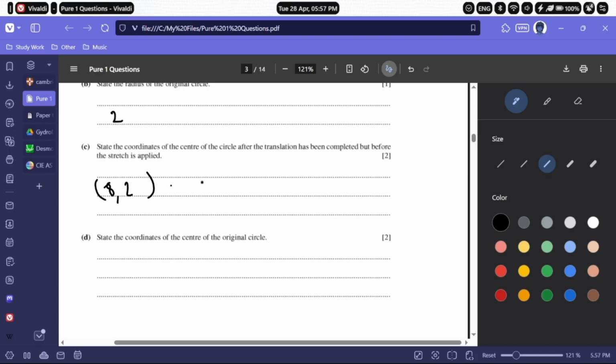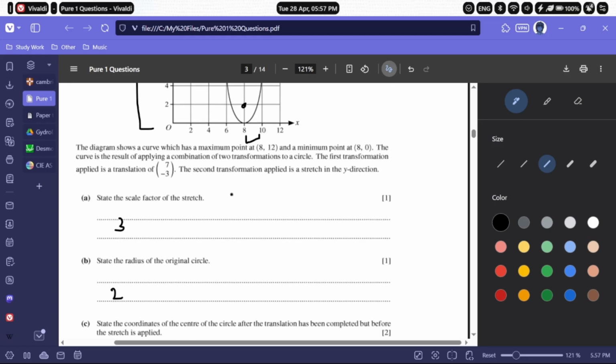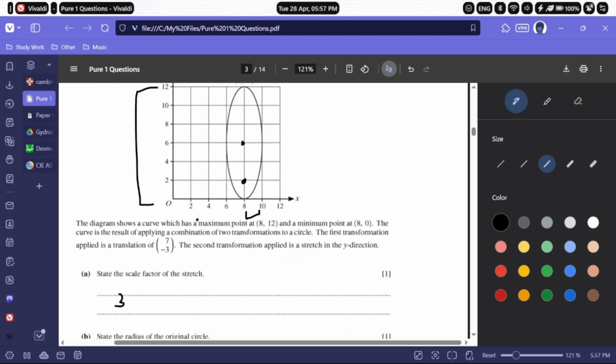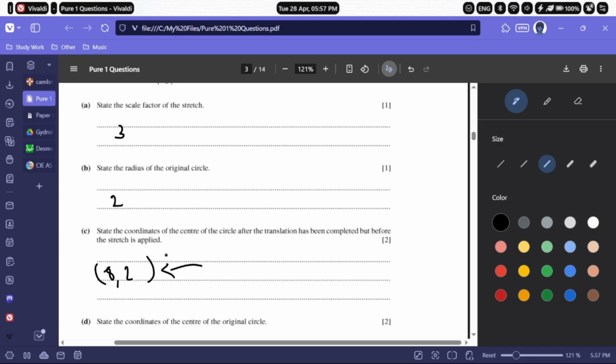Now state the coordinates of the center of the original circle. You already know what the center is after you apply the translation. So if you undo the translation, you would get your original circle center, right? In this case, you added 7 and you subtracted 3, so you just do the opposite: subtract 7 and add 3.